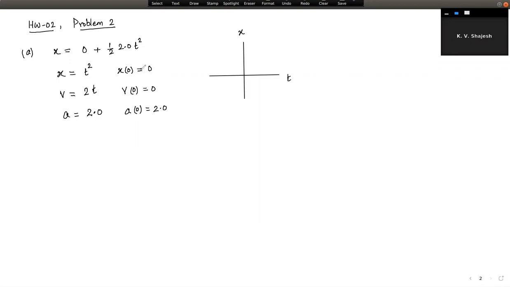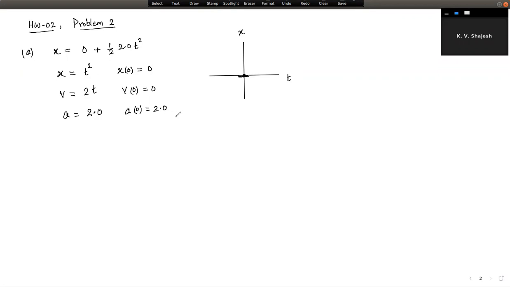We are given that position at time t equal to 0 is 0, so the path of the particle surely crosses the origin here. Velocity at time t equal to 0, while it is at the origin, is 0. That means the slope of the path when it is crossing there is actually 0. So it goes horizontally. The tangent at that point is 0.